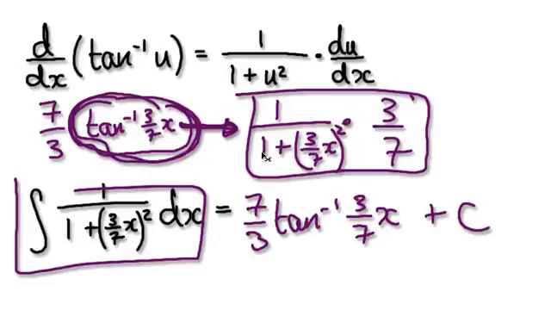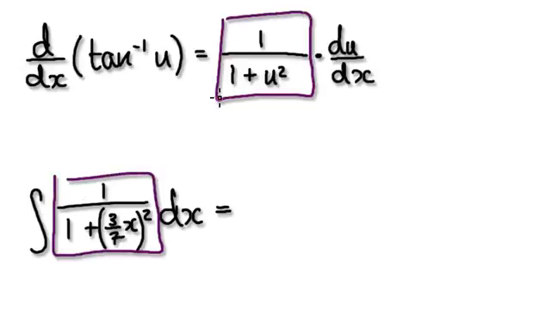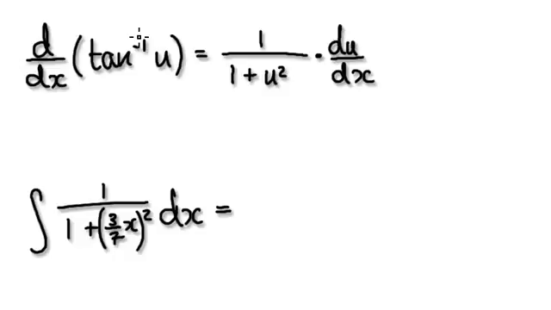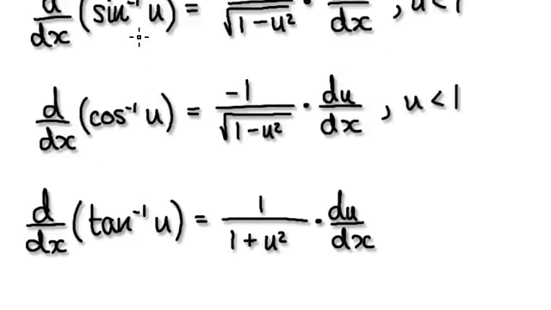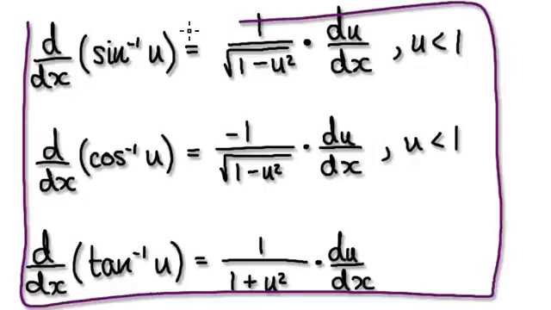Okay, so what I'm trying to illustrate is that when you look at this here, this is of the tan form. So from here, maybe work backwards to get to this. I hope you understand. But the important thing is to write all these down somewhere.